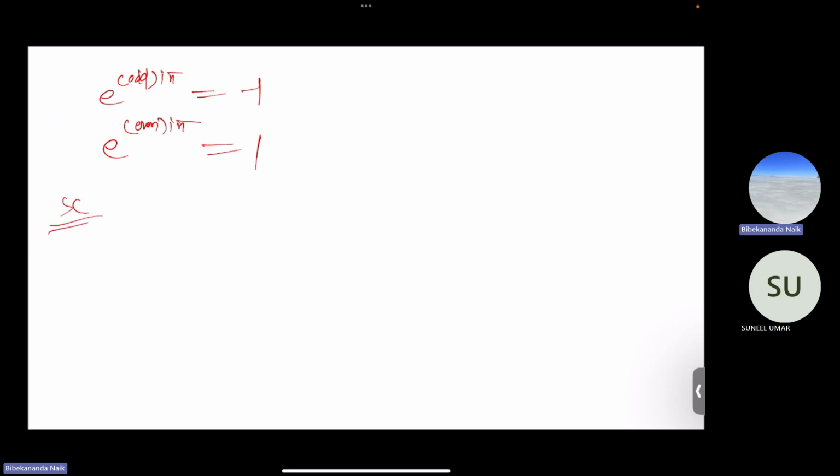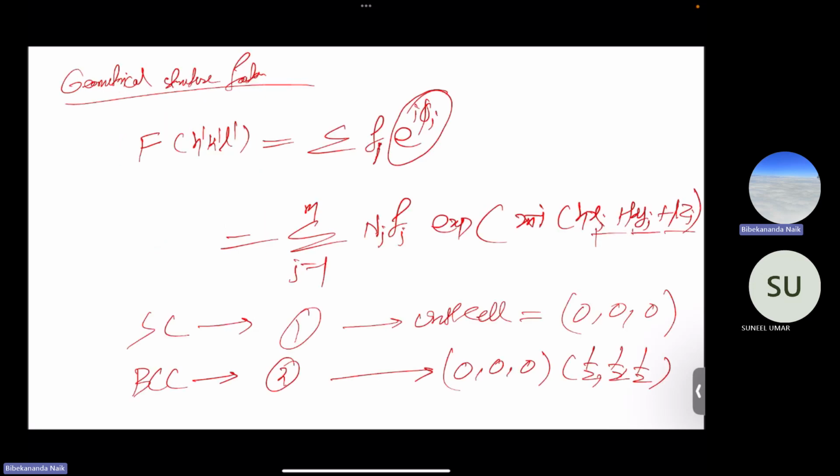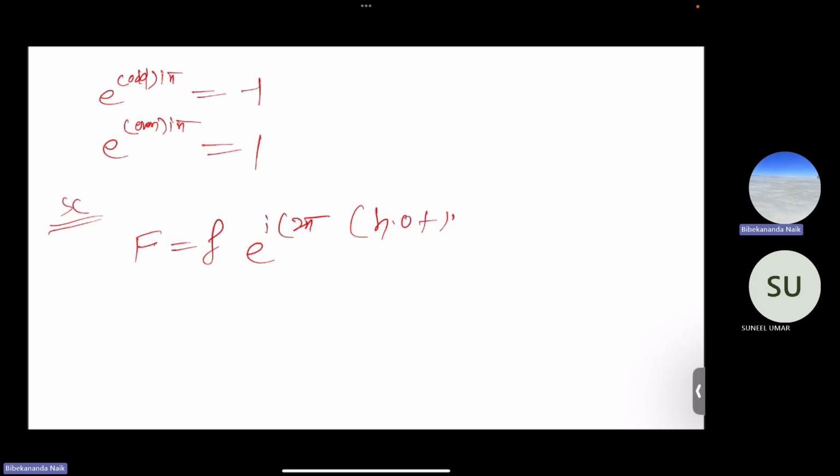For simple cubic, if you calculate, capital F will be small f times e to the power 2 pi i (h x_j plus k y_j plus l z_j). Your x, y, z are 0, 0, 0 for simple cubic. So it will be 2 pi into h into 0 plus k into 0 plus l into 0. So f into e to the power 0, that is f. This is not equal to 0.